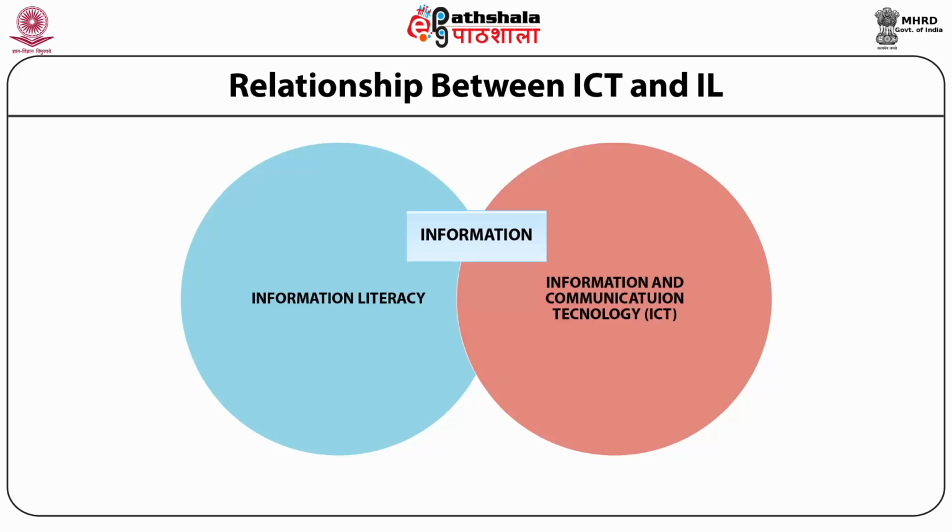As you are aware, ICT literate person acquires various types of skill, knowledge, and capabilities to exploit the resources and also maximize the use. And information literate person can also use the various types of resources. So the present diagram just shows the interconnectivity of both terms.